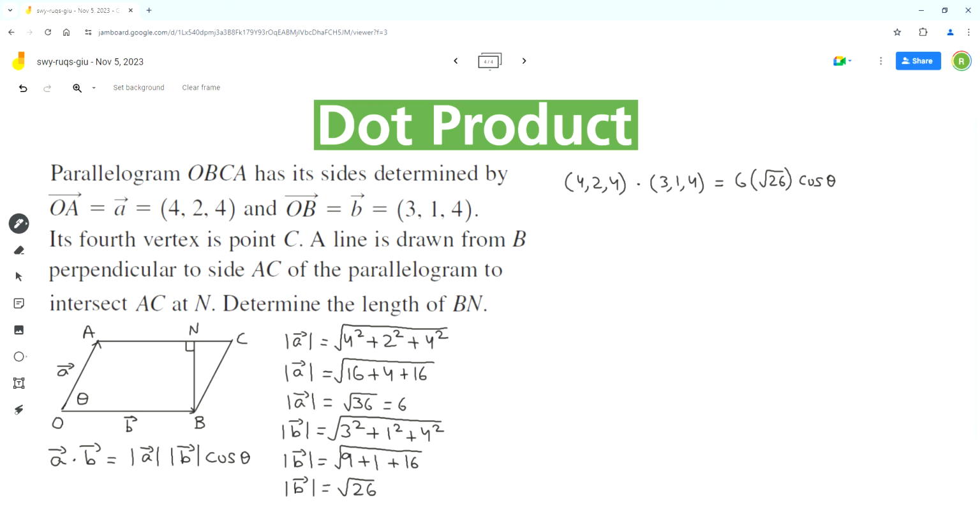So we should multiply the x, y, and z components. On the right side, we can multiply 6 by square root of 26 and I get 30.6. On the left side, we can multiply the numbers.